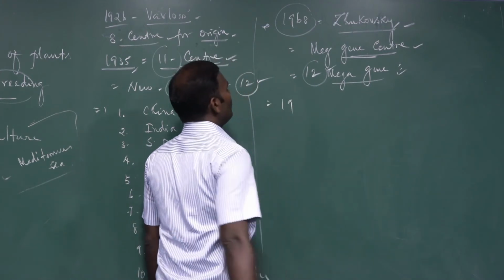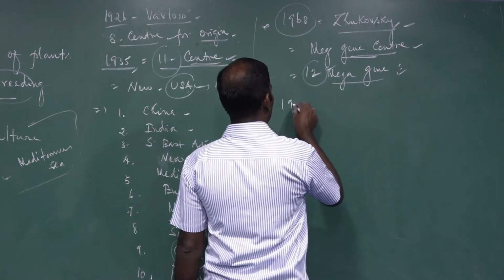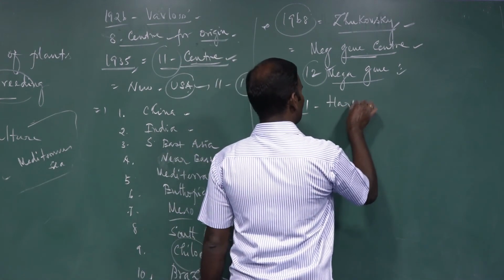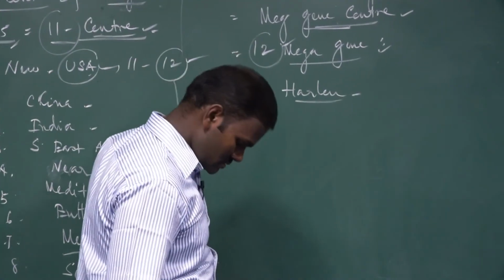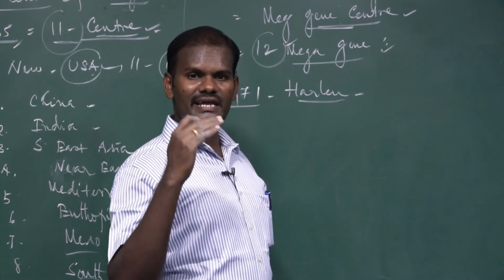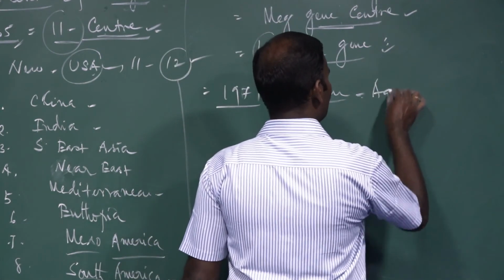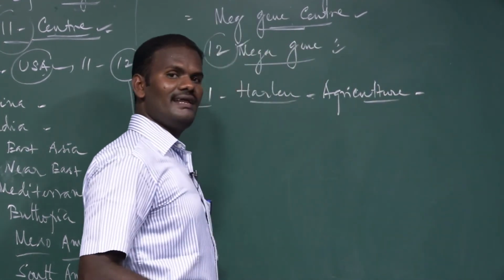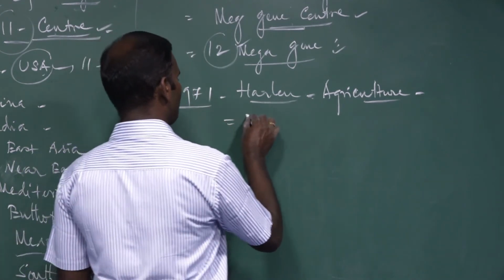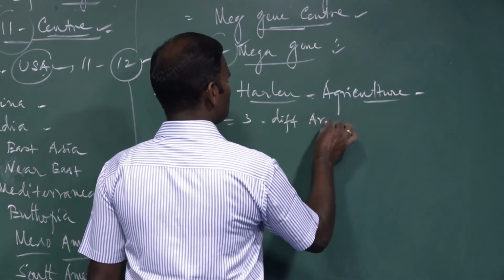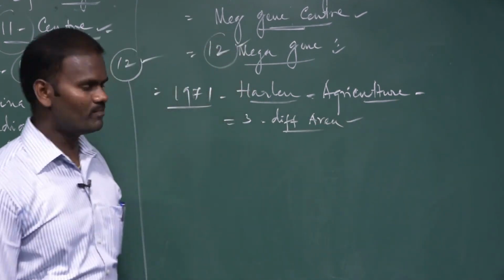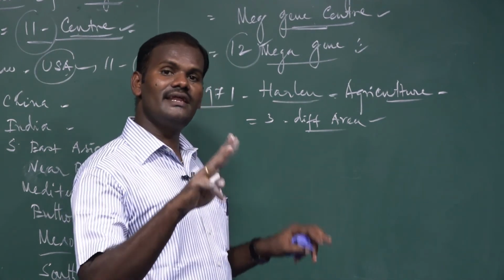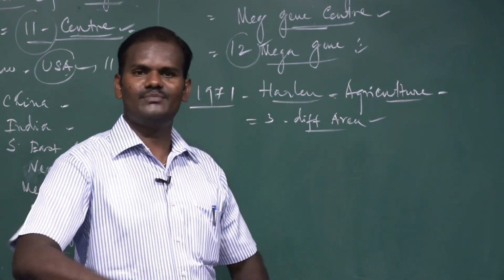Next, 1971, Harlan proposed that the development of agriculture was independent. Agriculture developed independently in three different areas, at different times or maybe at the same time. So according to Harlan, agriculture developed independently in three different areas at different times or maybe the same time.